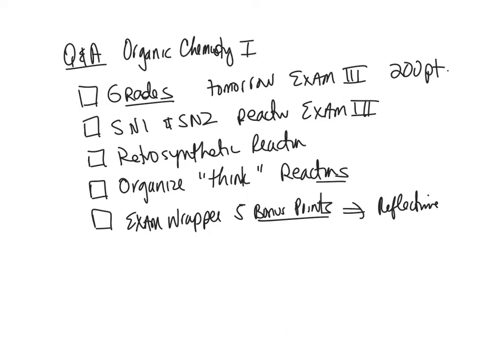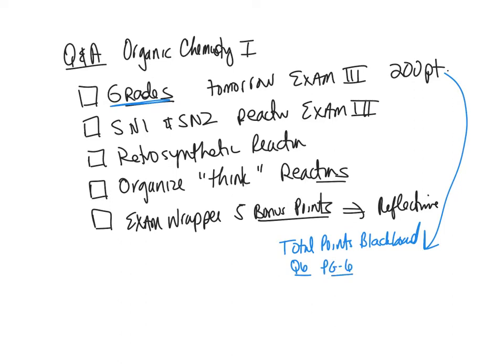Okay, so let's talk about grades. So the way the grades are, you can take whatever your total points are, so you can add your total points in Blackboard. And if you've already submitted quiz 6 for this week, go ahead and submit POGL 6, and make sure all your assignments are in.